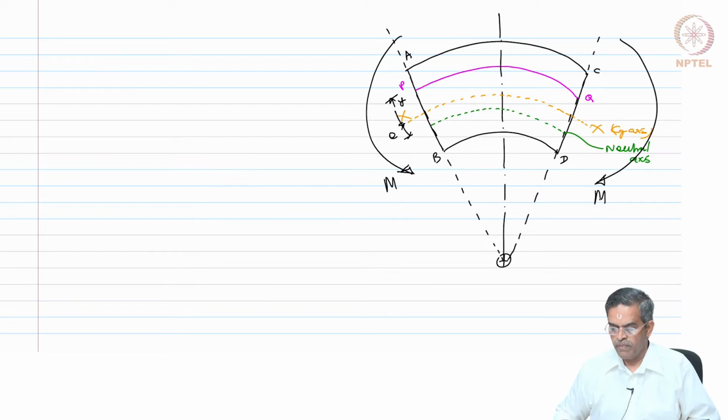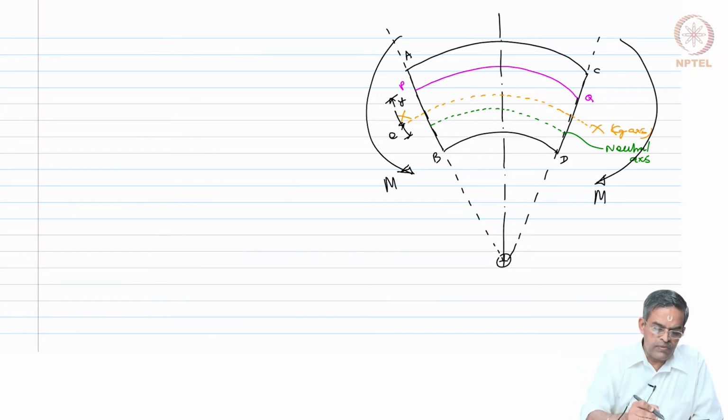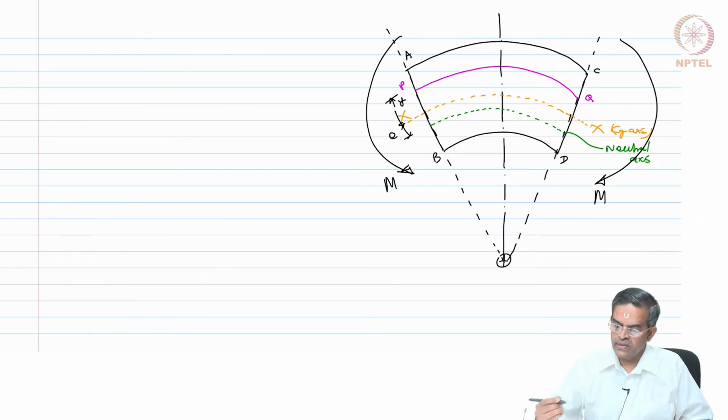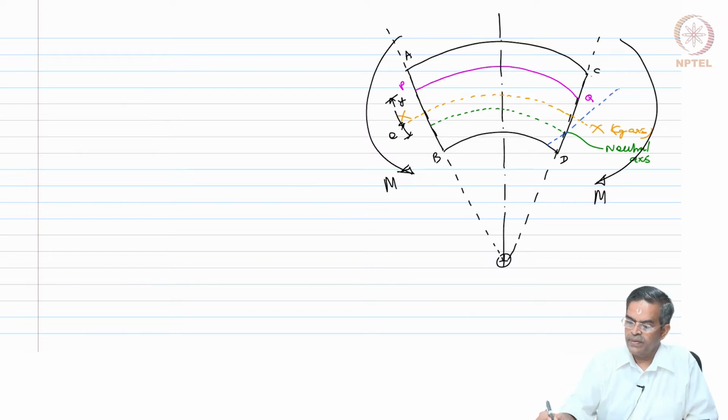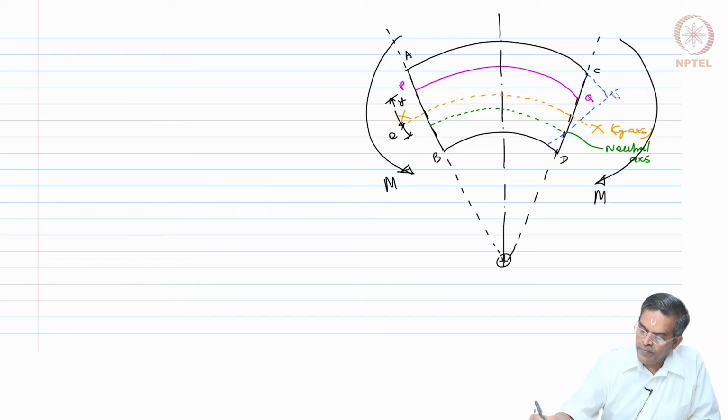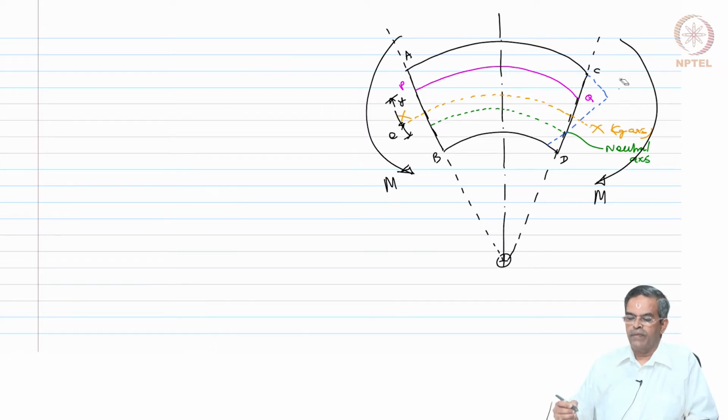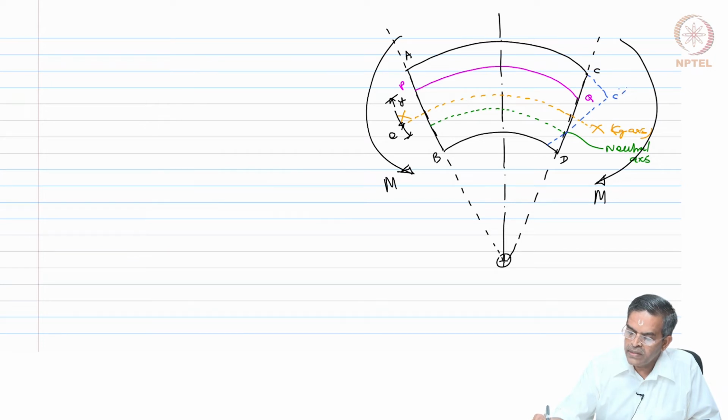So, what we do is ABCD is deforming, we will not disturb one face, we will just disturb only the other face for simplicity. Okay. Let us mark that. So, at the neutral axis, there is no change, and let us say it is going to deform. We call this point as C dash and this point as D dash.